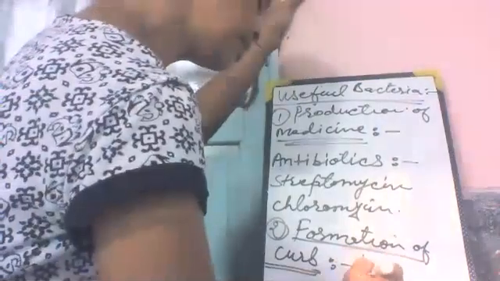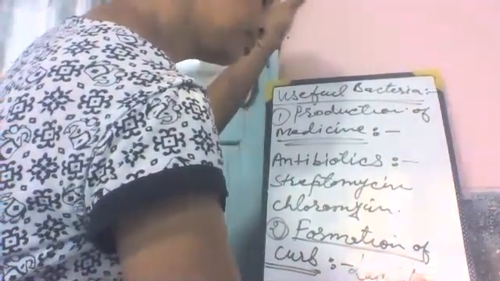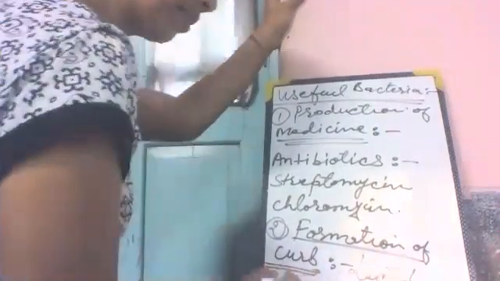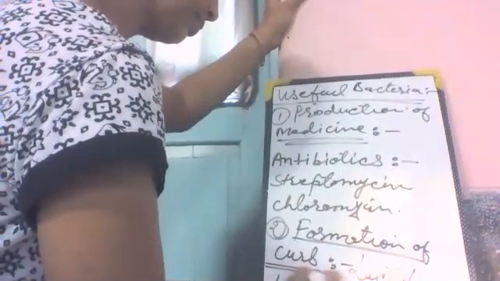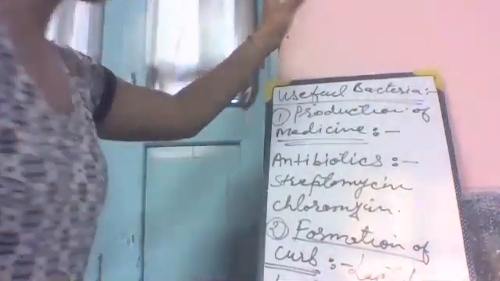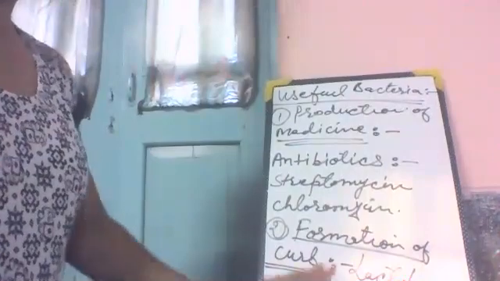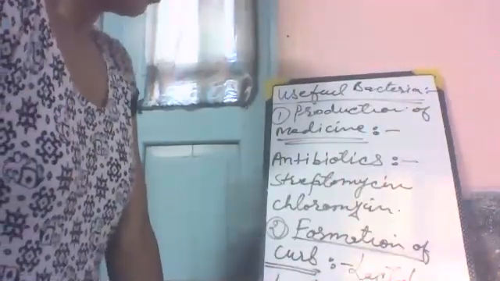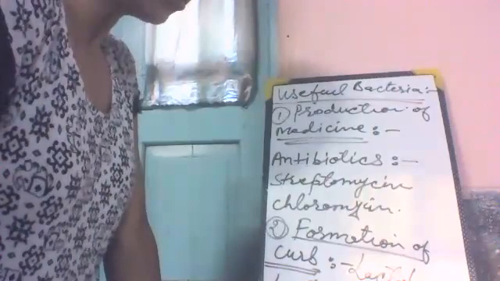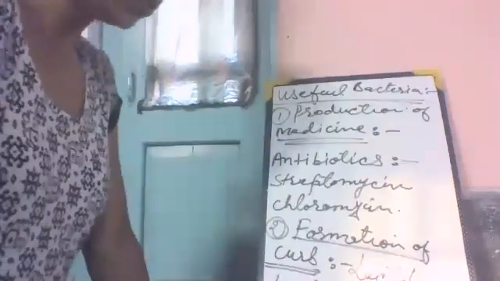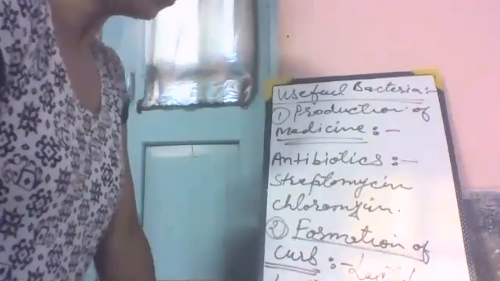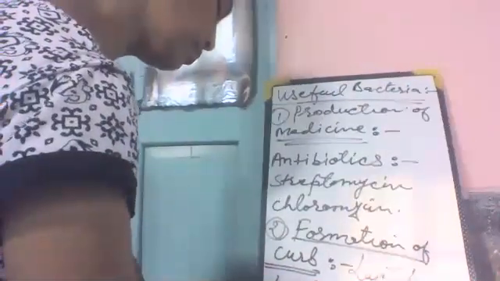Lactobacillus bacteria convert the lactose sugar present in the milk. Milk has lactose sugar, and this lactose sugar converts into lactic acid by the process of fermentation.